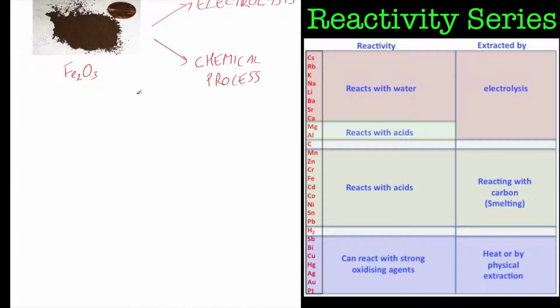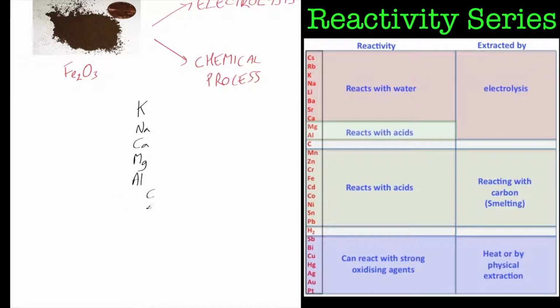So at the top we'd have potassium, and then underneath that we'd have things like sodium, calcium, magnesium, aluminium. There's aluminium.